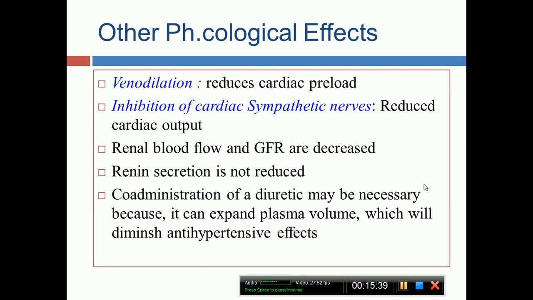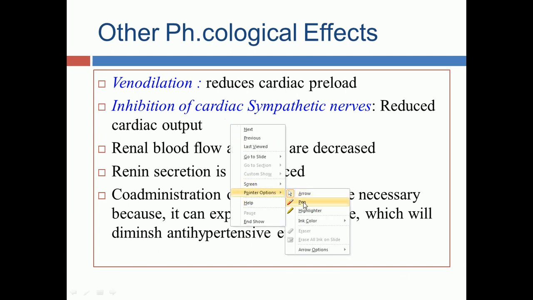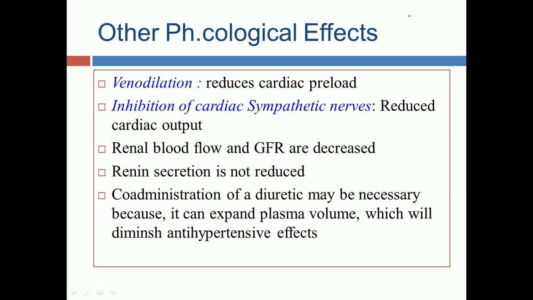Another pharmacological effect is venodilation. As capacitance vessels are dilated, venodilation or venular dilation occurs, so it reduces cardiac preload. How does it reduce cardiac preload? For example, here this is the heart.